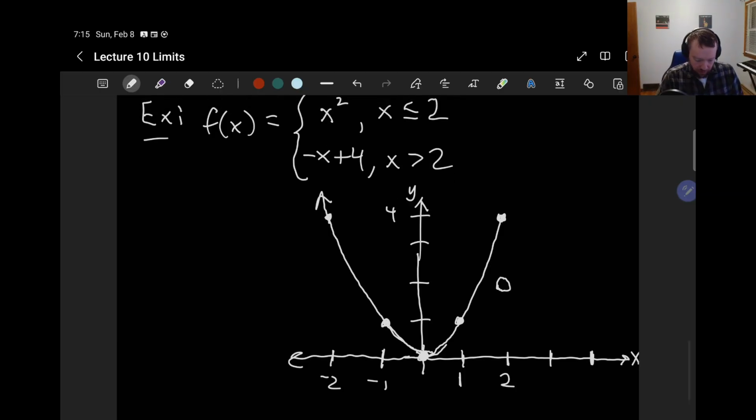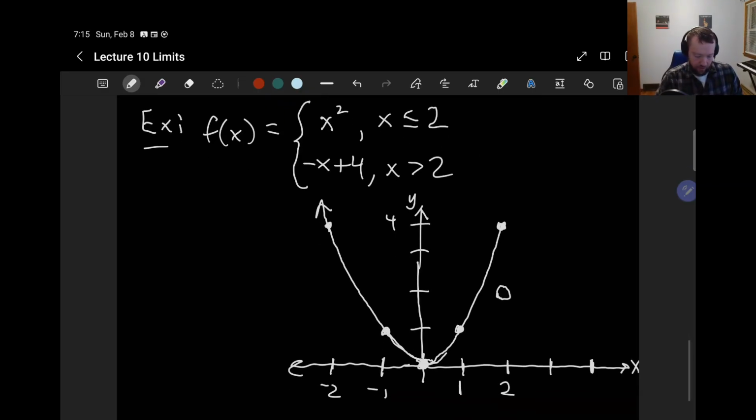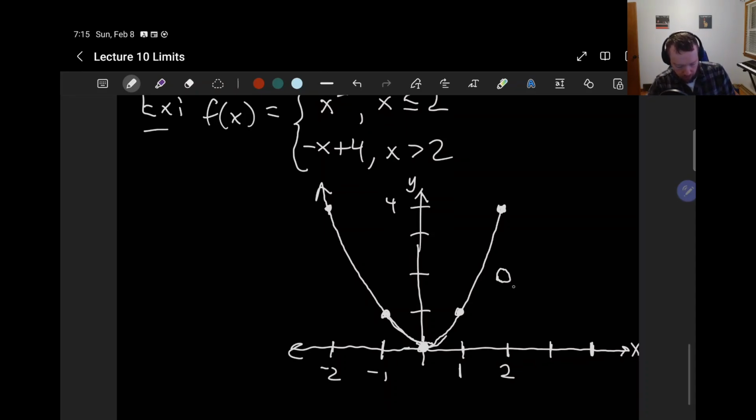So not equals, that's taken care of over here. So I have to draw an empty hole, but then we can continue the line downward from there. And we have an x-intercept right about there.